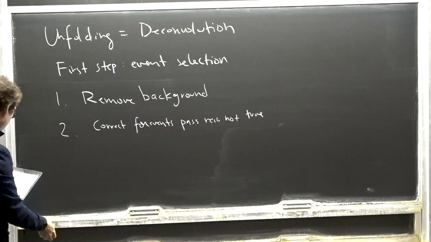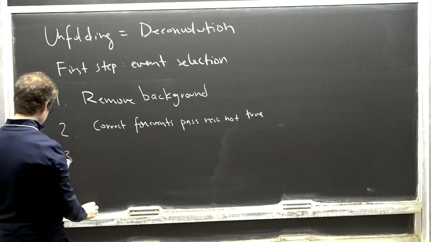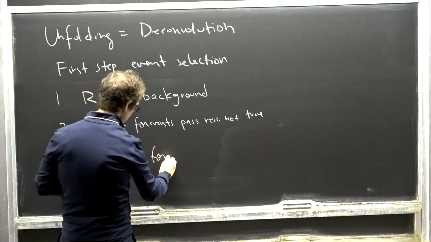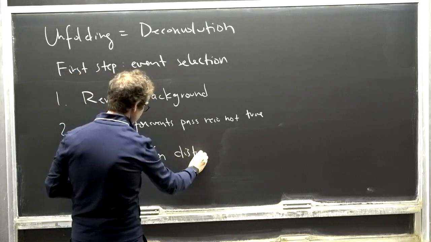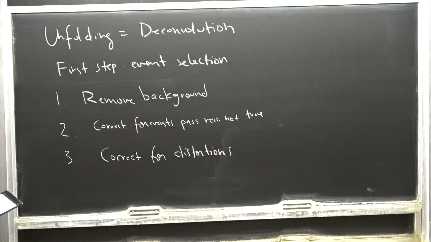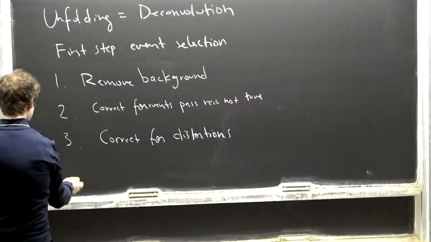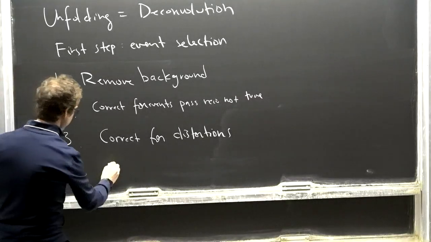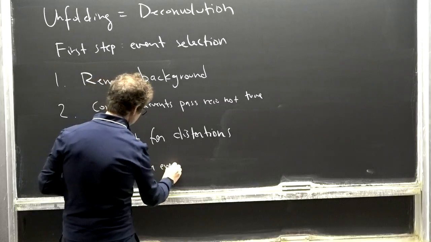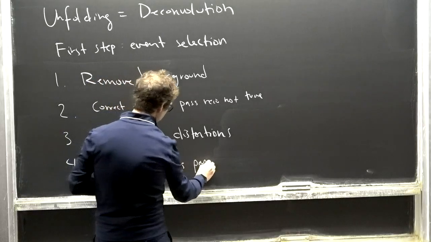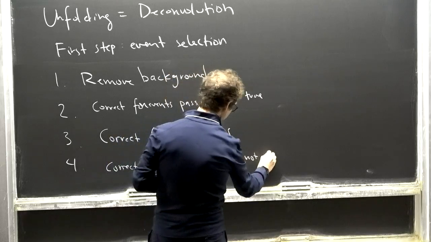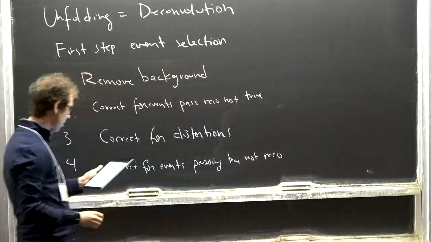Step three is to correct for distortions, resolution effects. Most of this lecture will be about that, because it's the biggest thing you have to do. And four is the converse of two: correct for events passing truth, not reco.